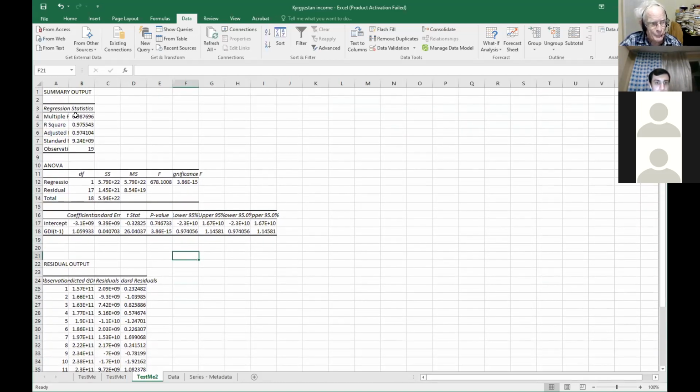And R squared is 98%. In other words, the model is explaining 98% of the change in GDP from one year to the next. A very powerful model.